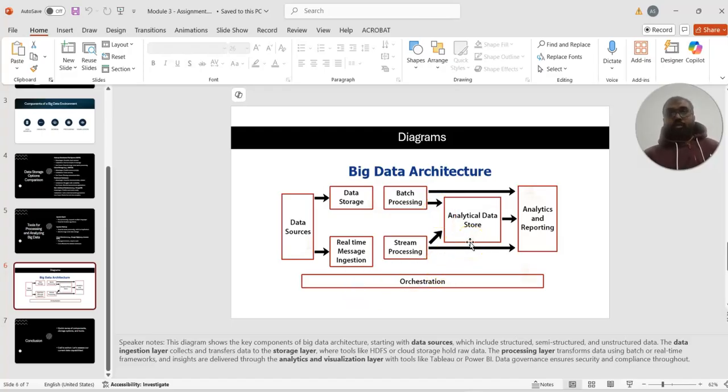The tools used for it are Tableau and Power BI. And all throughout this process, data governance ensures security and compliance. Okay, this was about the big data architecture.